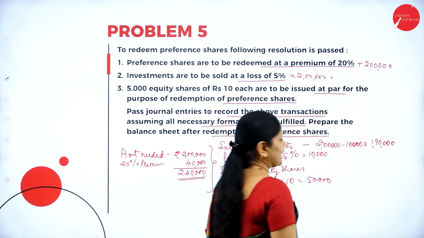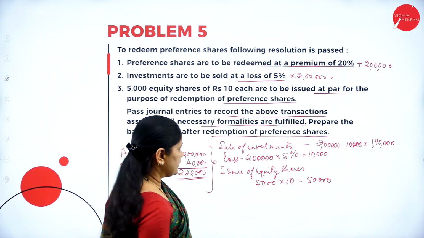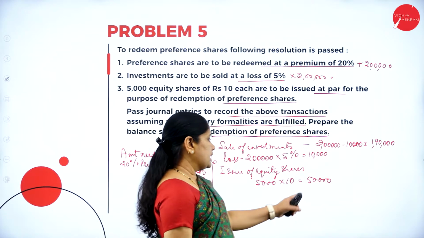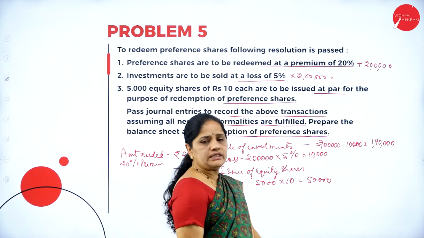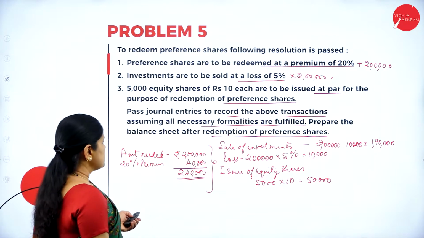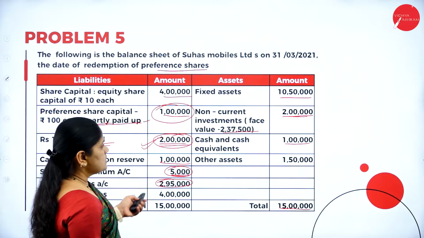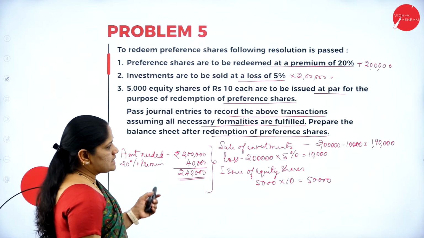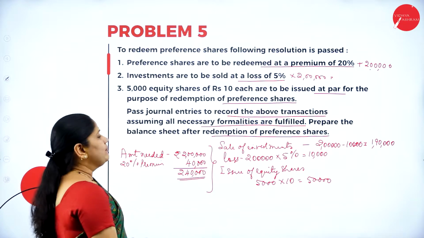So they are getting 1,90,000 by the sale of investments, and through the issue of equity shares they are collecting 50,000. Then we also have to see what is the bank balance given. So bank balance they have at 1 lakh. So I think it will be sufficient to pay off the money.